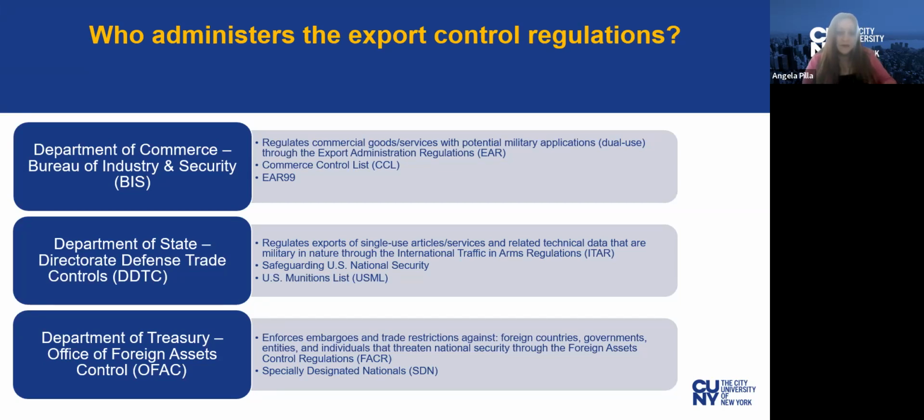Most times those items would require prior authorization before you're sending them out or giving access to a foreign national. If the item is not found on those lists, then you can classify your item as EAR 99, which is basically a catch-all phrase for items that are not subject to the regulations.